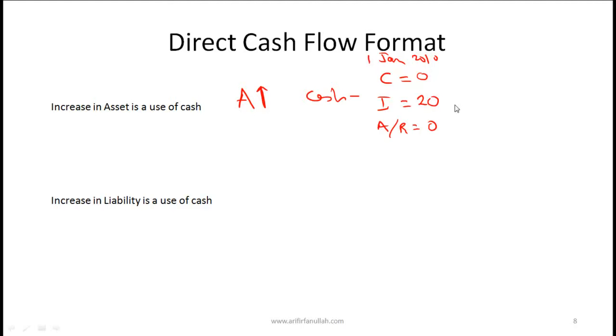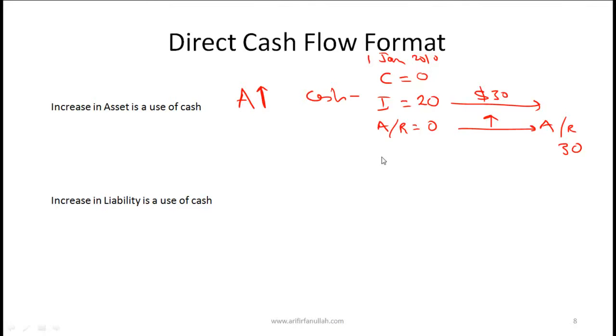Then during the year you sell this inventory for $30, but all this sale is really a receivable, so your customer does not pay you. So your accounts receivable, which is an asset, goes up, and at the end of the year your accounts receivable now becomes 30. Okay, so how much cash did you receive from customers?